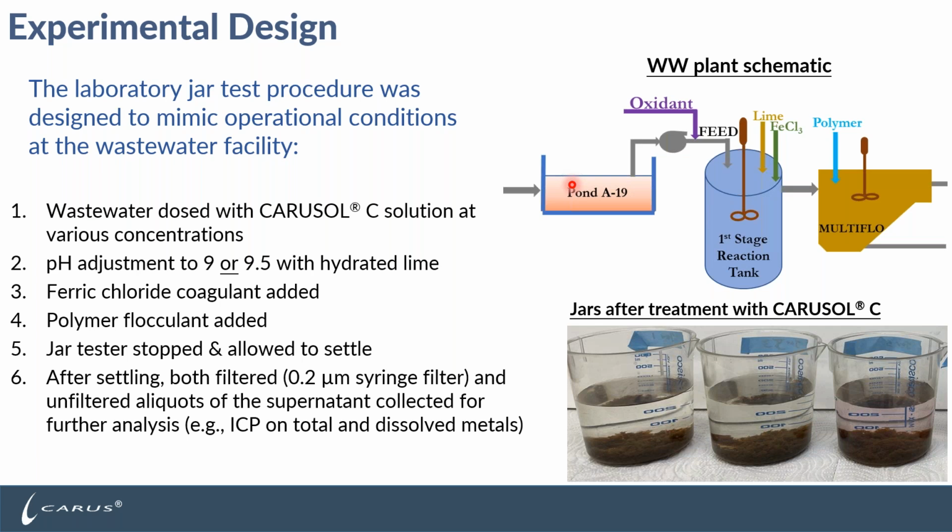Hydrated lime is added for pH adjustment, followed by ferric chloride coagulant, and then flocculant is added to flock and drop the solids in a multi-flow clarifier. In the jar test experiments, both filtered and unfiltered aliquots of the supernatant were collected for further analysis of total and dissolved metals after the solids had settled.